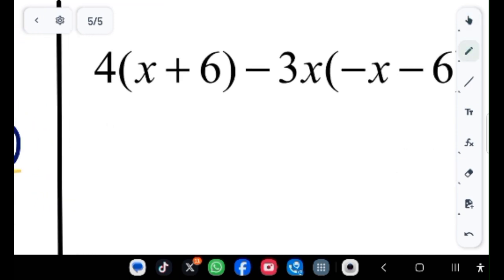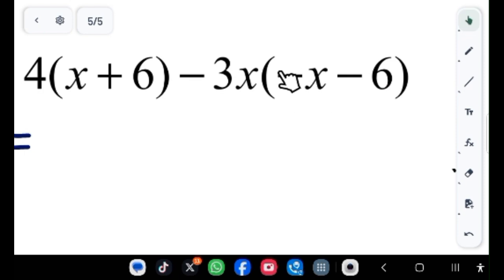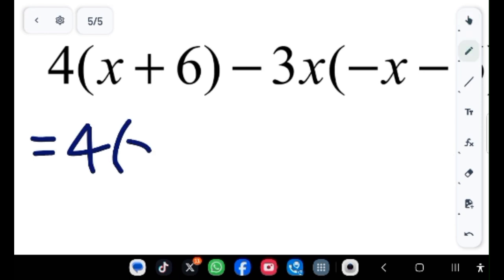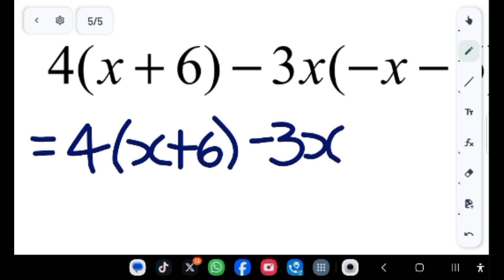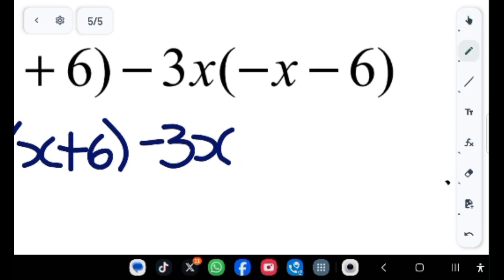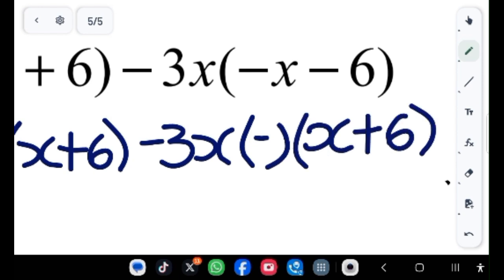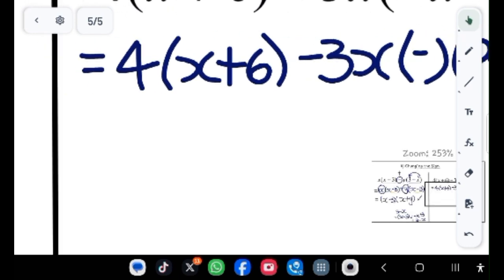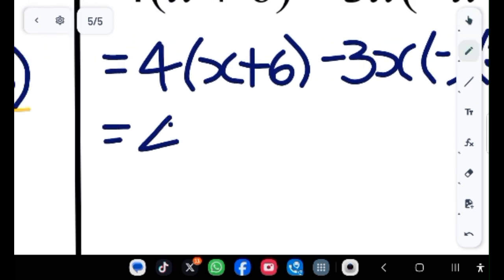Now this one looks like it's not the same, but notice that the only thing you can do over here is take out the minus. Let's take out the minus and see what happens to it. So let's go 3x, and then let's take out the minus, and then that leaves us with positive x plus 6. That minus and this minus give you a plus, so that changes this to a plus.